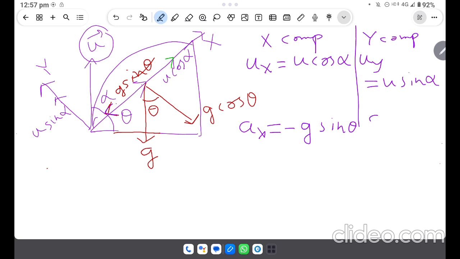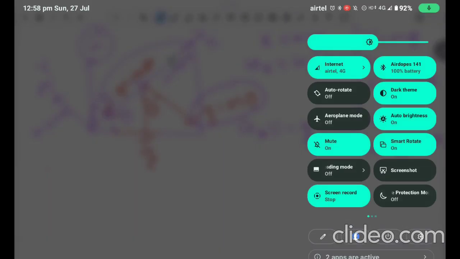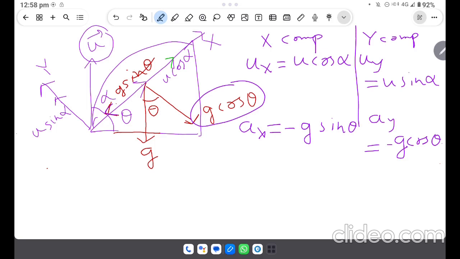Similarly, the y component of the acceleration is this one, but with a minus sign also. So minus g cos theta. Okay, so we got the initial velocity x and y components, and also the acceleration values. Minus g sin theta is the x component of the acceleration, minus g cos theta is the y component of the acceleration. We got all of these things.